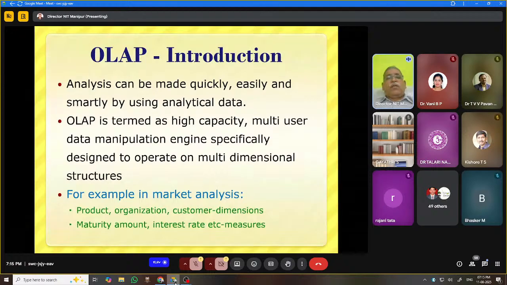So what is the basic ground reality? The basic ground reality is that analysis requires data. Not all the data; analysis requires analytical data. If data is not related to analytical orientation, then it is not useful. If I put only the names of the faculty as one column, the analysis of the names is not relevant.